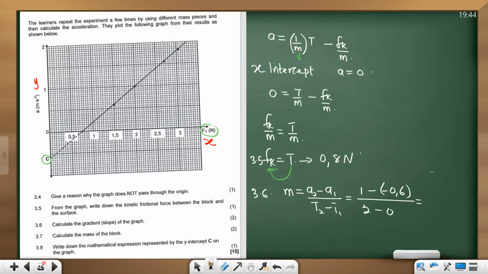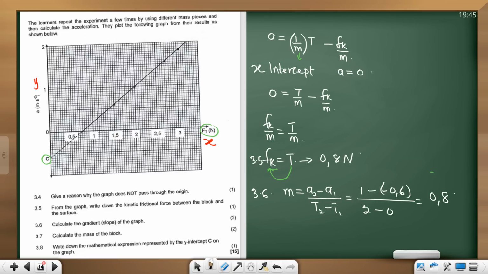And you got 5 over 6, and 5 over 6 still gives you 0,84. All right. So are we okay? Any 2 points you use should get you the same answer. So this is giving us 0,8. You get your 2 marks there.